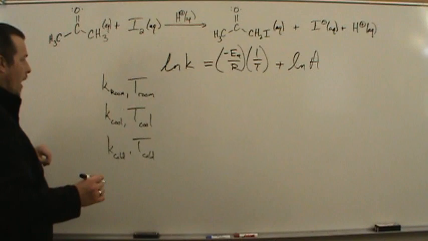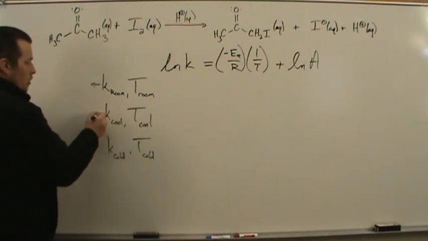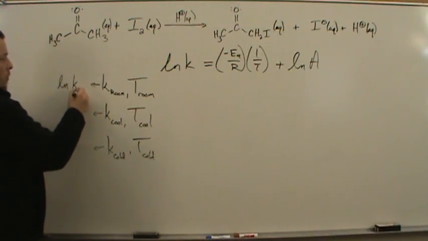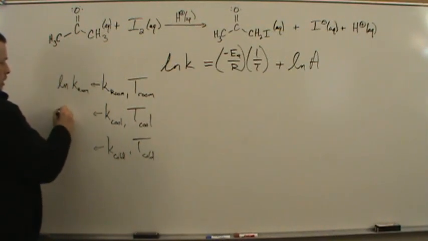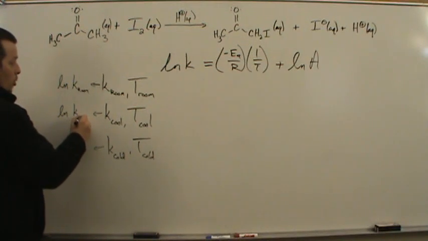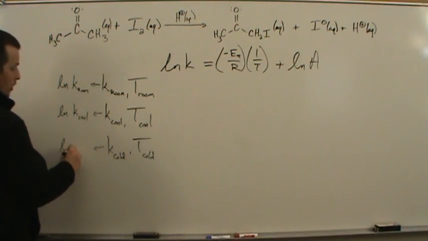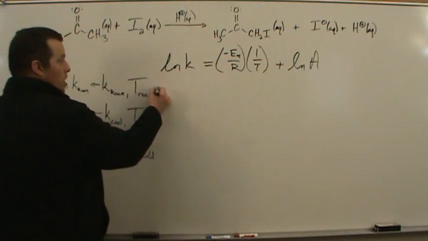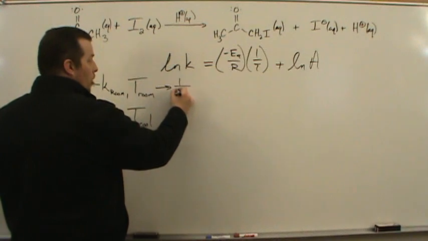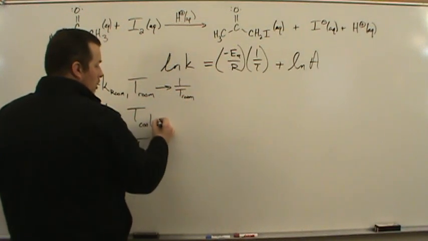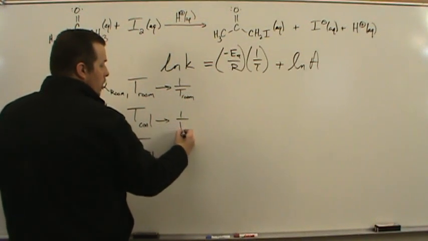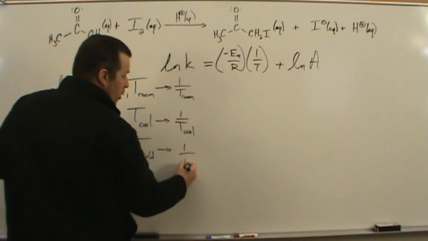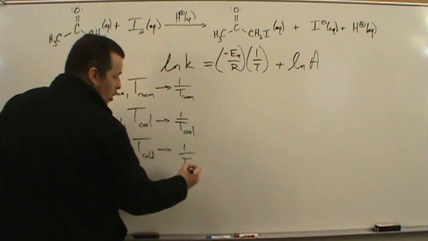So from that, we should be able to figure out natural log of K room, natural log of K cool, and natural log of K cold. We should also be able to figure out 1 over T room, 1 over T cool, and 1 over T cold.